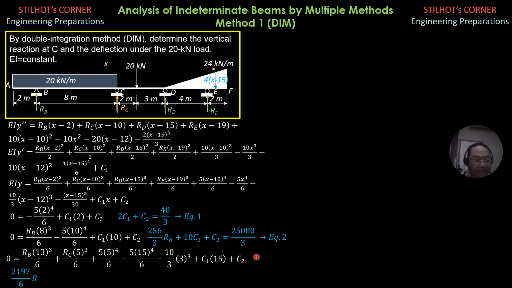Simplifying, we have 2197 over 6 R_B plus 125 over 6 R_C plus 15 C_1 plus C_2 equals 125,270 over 3.